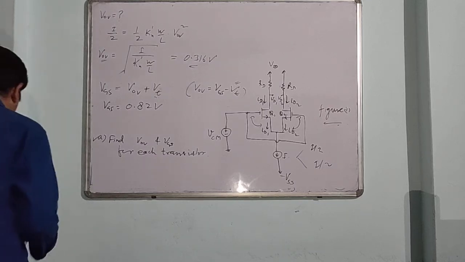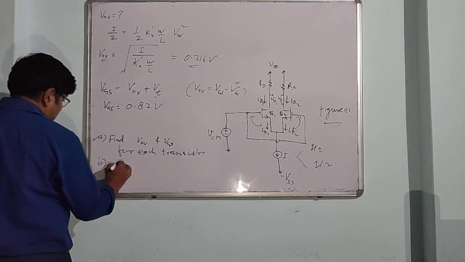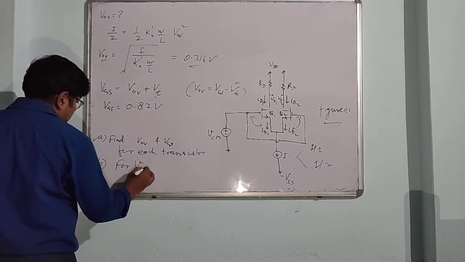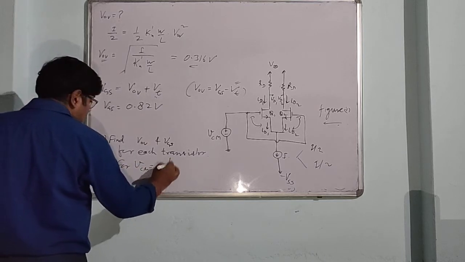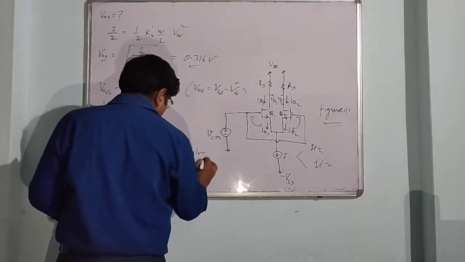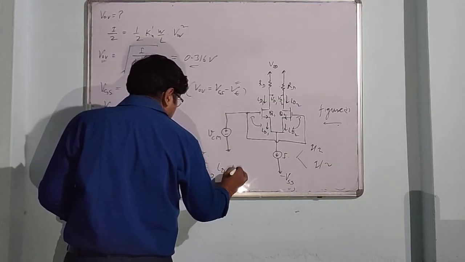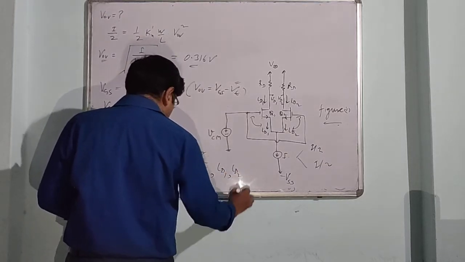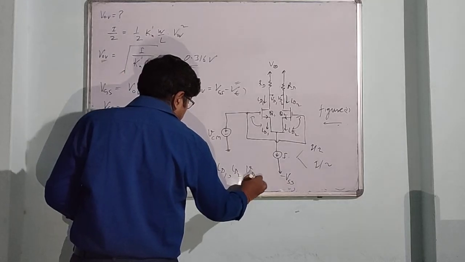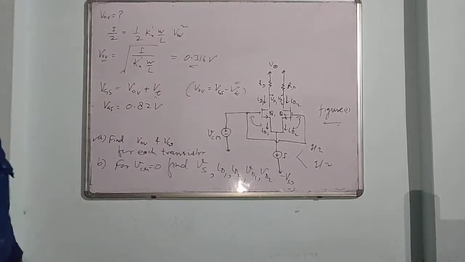In second part, for VCM equals 0, find source voltage, two drain currents ID1, ID2, and two drain voltages VD1 and VD2.